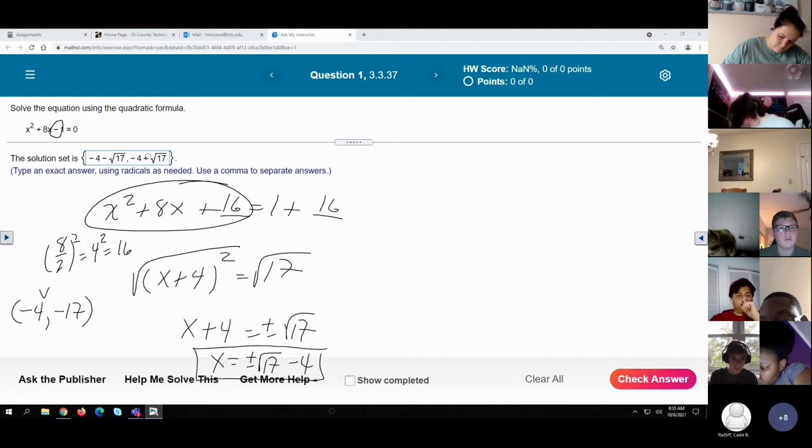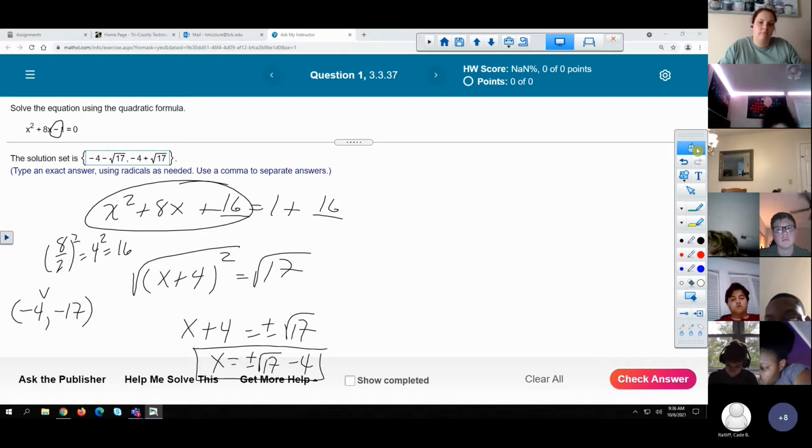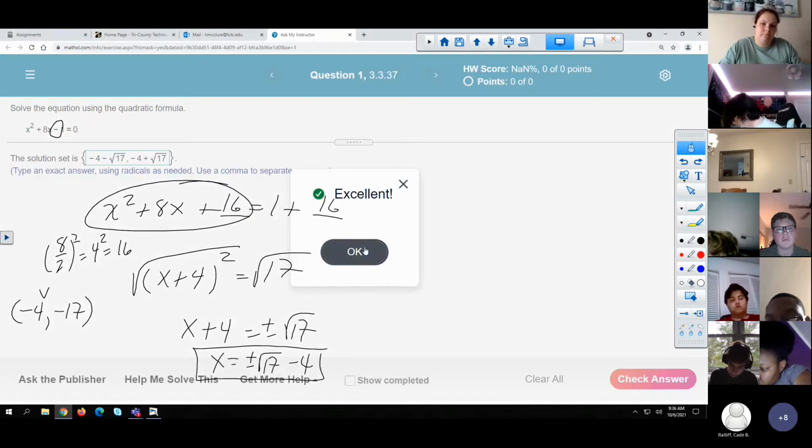That's the answer right there. I think they'll take it both ways. If you type it in like this, I think they want -4 plus or minus square root of 17. I think they'll take that. And that should be the answer. Yep.